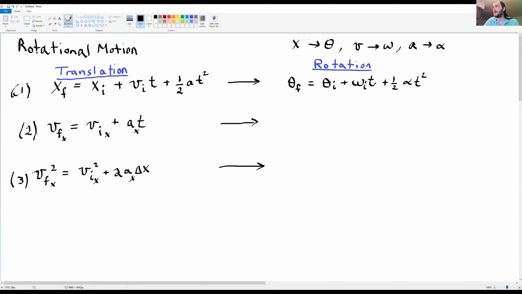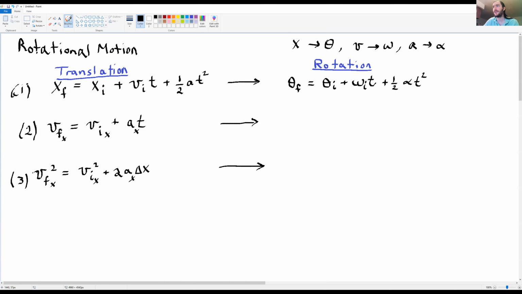Then what we started doing was replacing these quantities on the left, which are for translation, with their rotational counterparts. So x is a displacement along a direction. Theta is a displacement along an angle.